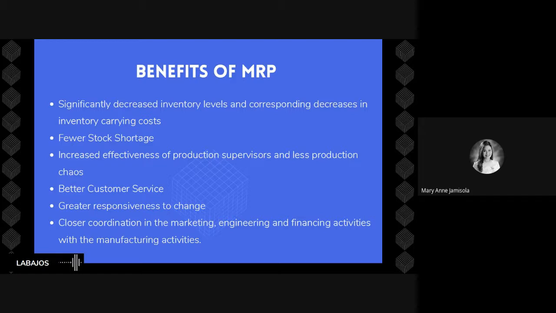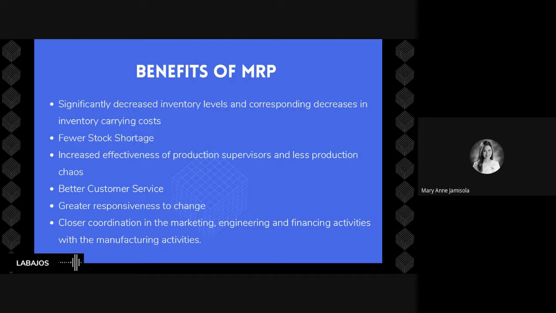The benefits of a successful MRP system include the following: significantly decreased inventory levels and corresponding decreases in inventory carrying costs, fewer stock shortages, which cause production interruptions and time-consuming schedule juggling by managers, increased effectiveness of production supervisors and less production chaos, better customer service.